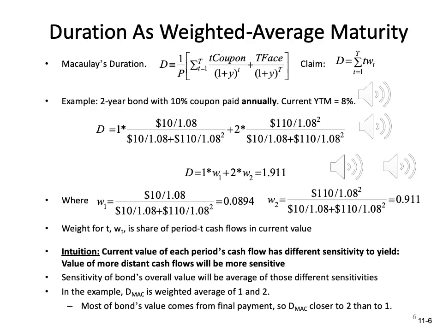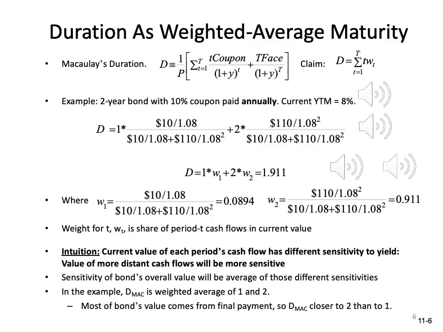So the intuition here is the current value of each period's cash flow has different sensitivity to the yield. The value of more distant cash flow will be more sensitive because the cash flow to be received in the far future will be discounted back at a higher level of t, which is in the power of the discount rate.